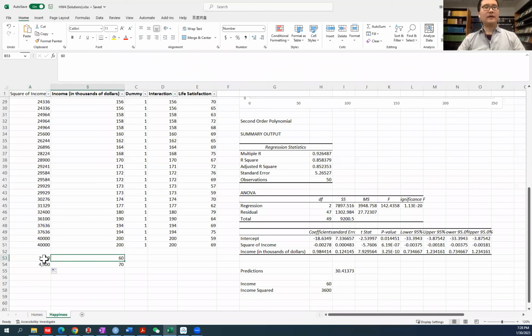All right. So we have this part set up. Now we have both predictors, the income and the square of income. Now, how do we calculate or predict the life satisfaction in this case? After we calculate the predicted life satisfaction, then we can take a difference between these two values.